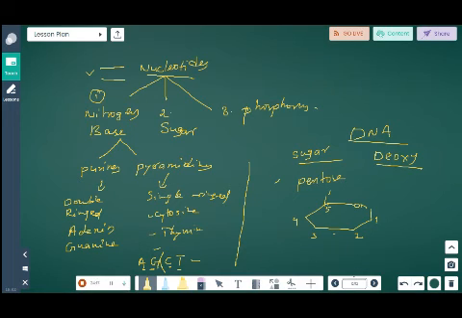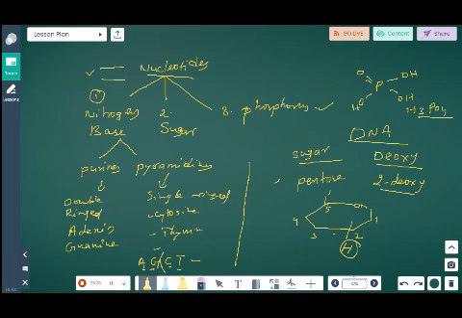In the second carbon, instead of OH, the O is absent and only H is present, so it is known as 2-deoxyribose sugar. 2-deoxyribose sugar is present in DNA. And lastly, phosphate, H3PO4. H3PO4 is the phosphate present in the DNA molecule.